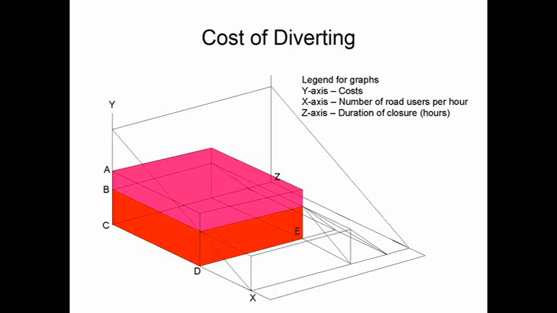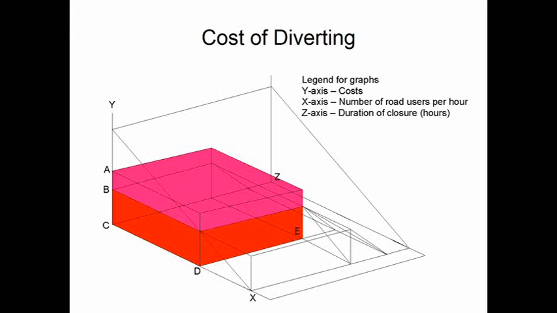And then from D to X, these are the users that have a very low cost, I guess. They have good alternative activities they can engage in. So the cost to them would actually be fairly low, and the cost of diverting would actually be higher than their costs. So those are the ones not getting an awful lot of benefit out of reaching their destination. We'll talk about those in a moment. So that would be the benefits of not traveling.